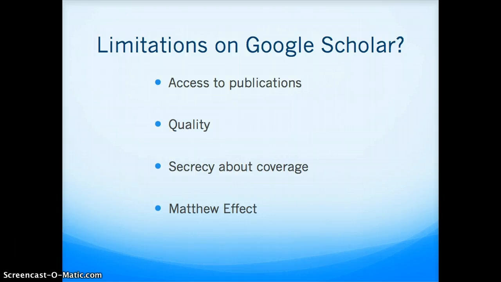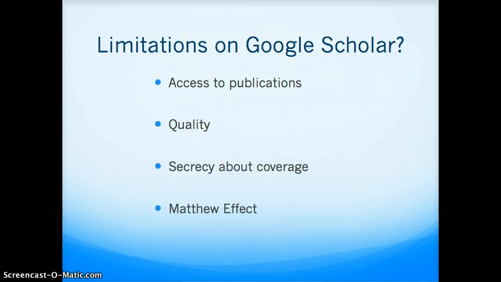On top of that, the quality has been compared to commercial databases. So it has very high competition with things like Scopus or ISI Web of Knowledge. Next, about the secrecy of coverage. This is actually a significant problem with Google Scholar.